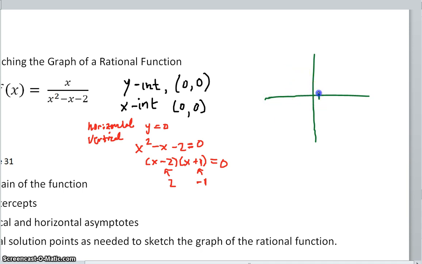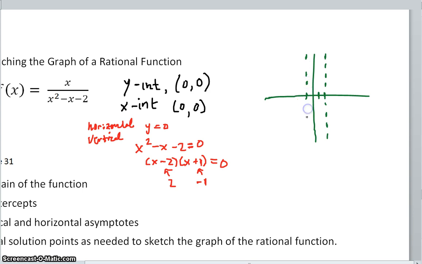At the line x equals 2, there is a vertical asymptote. At the line x equals -1, there is a vertical asymptote.